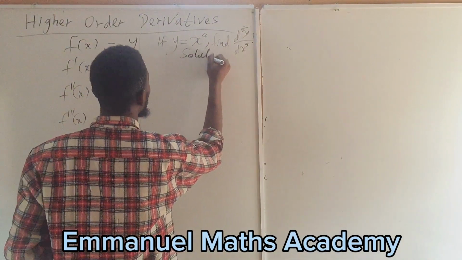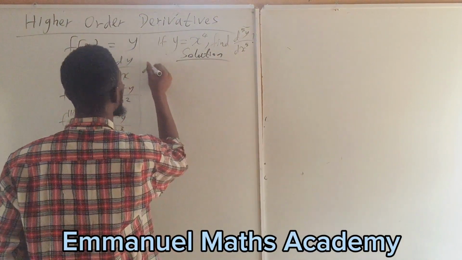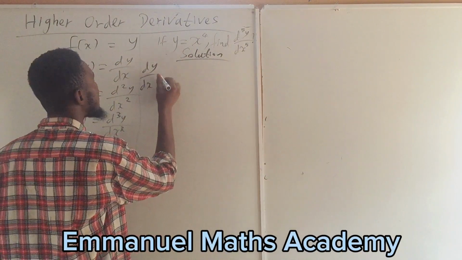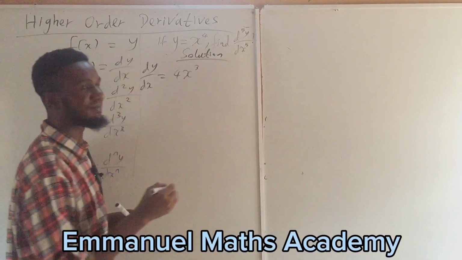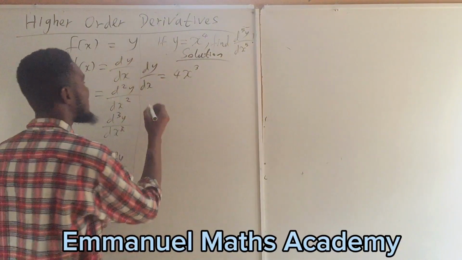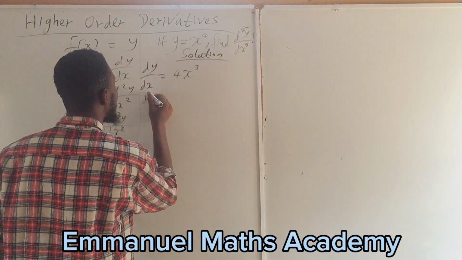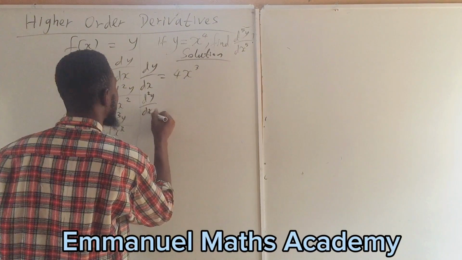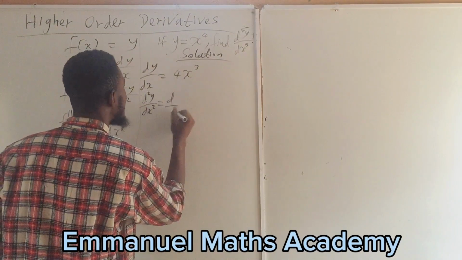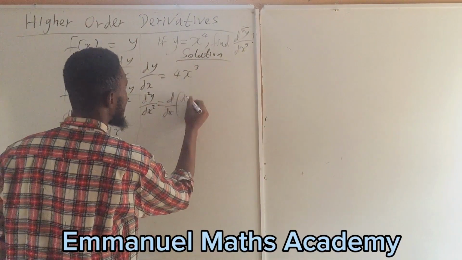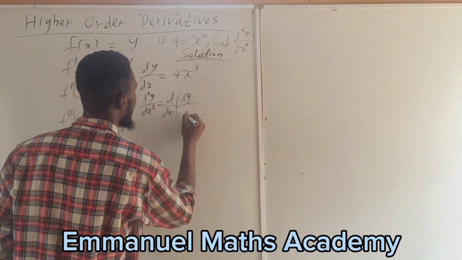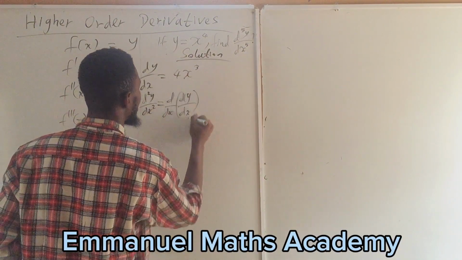Solution. dy/dx equal to 4x power 3, right? Then the second derivative will now be what? d squared y over dx squared equal to d over dx, differentiating this again the second time. This is what it means, right?